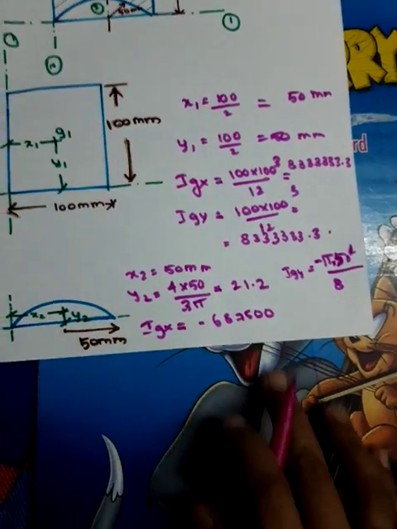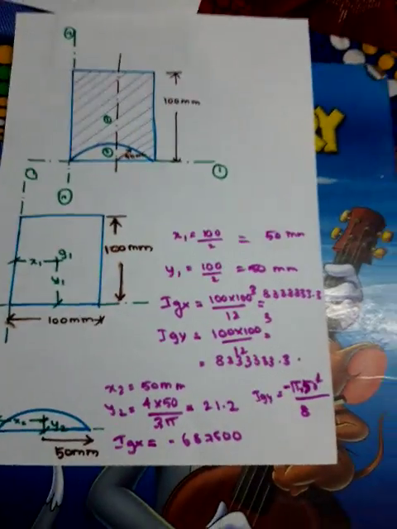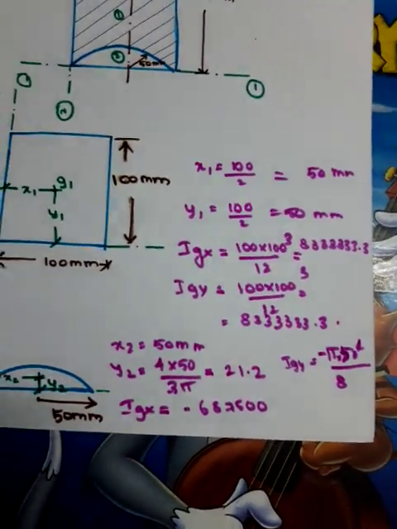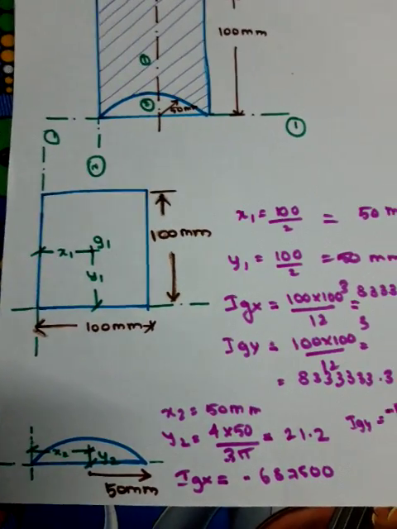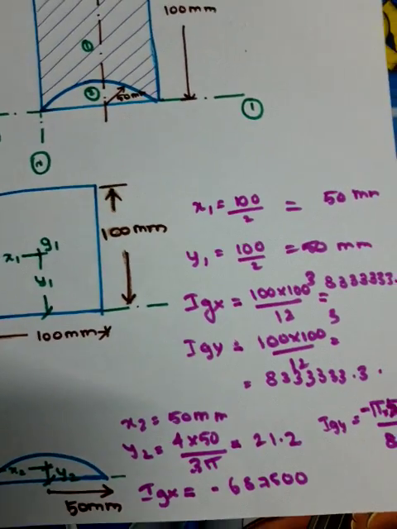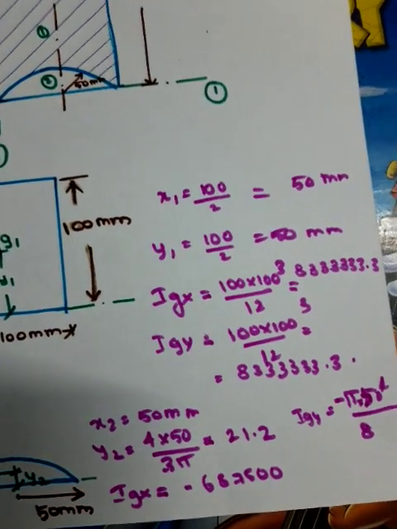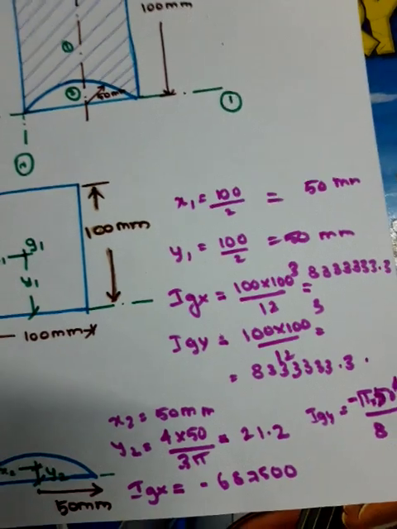This is how we calculate the values. One more thing you have to remember: look at the drawing to decide which value you have to add and which value you have to subtract.